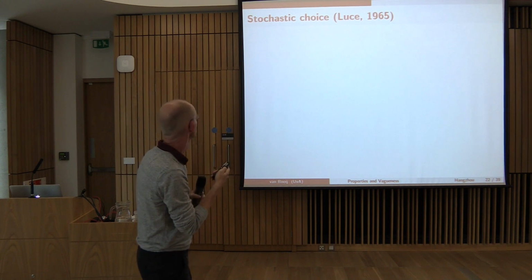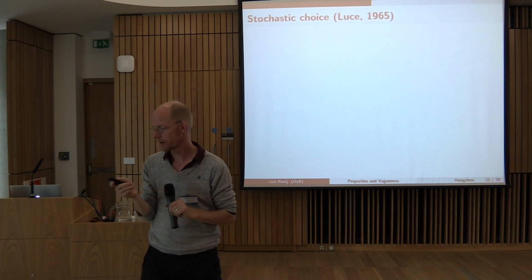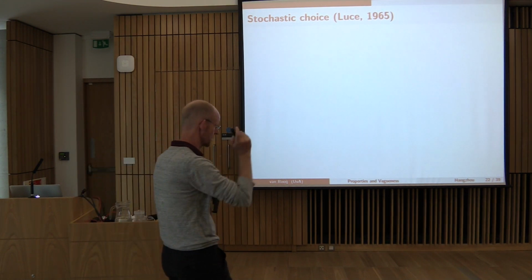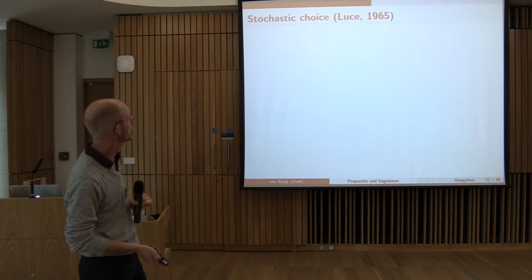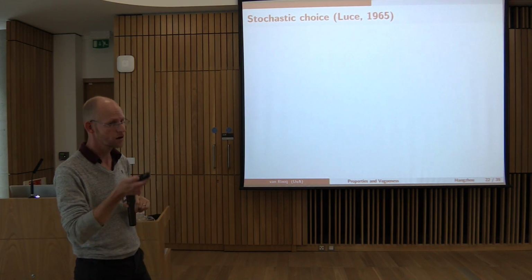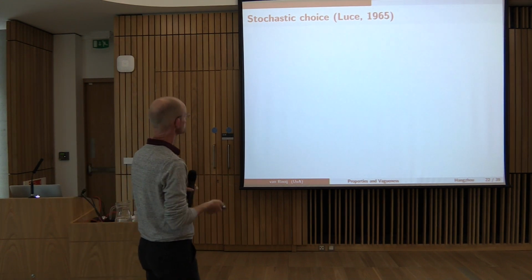But now, Luce, who is doing psychophysics, says that's actually not how people choose. People don't choose only by maximizing their expected utility. They choose in a stochastic way.